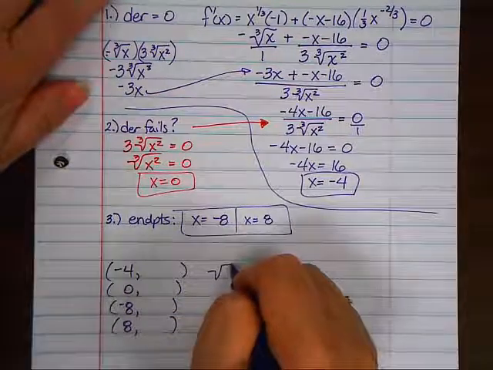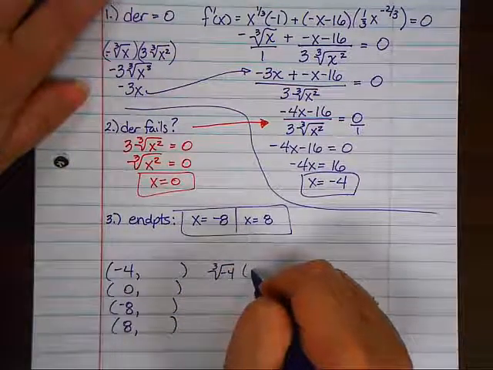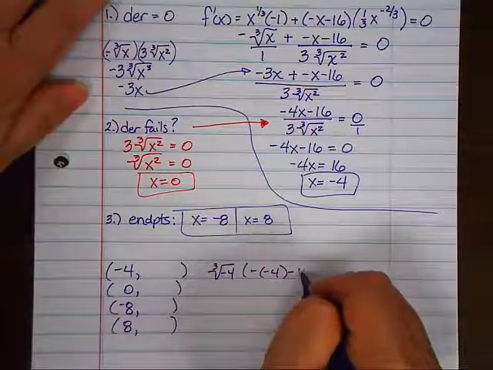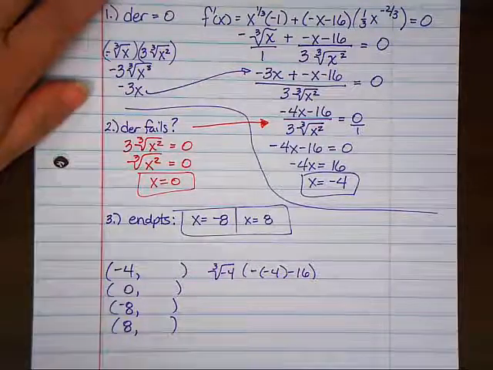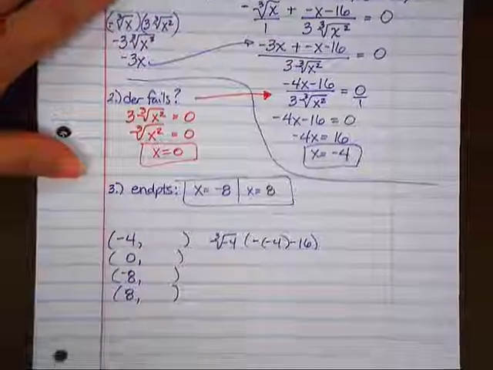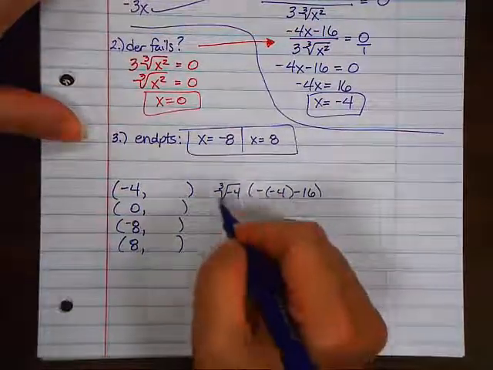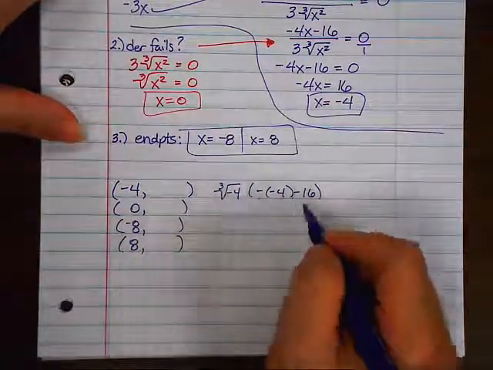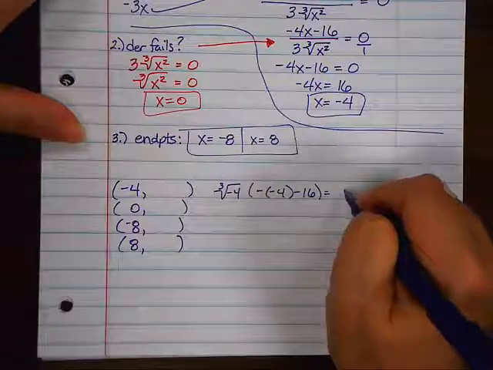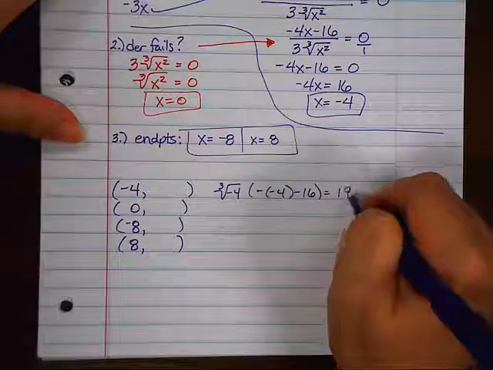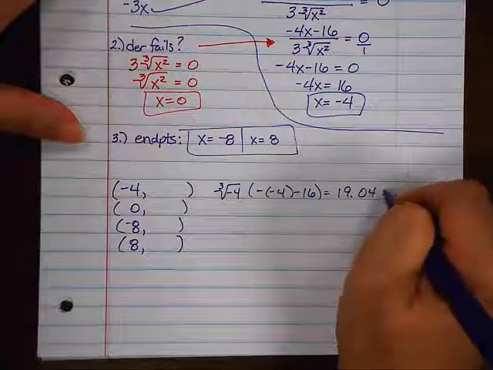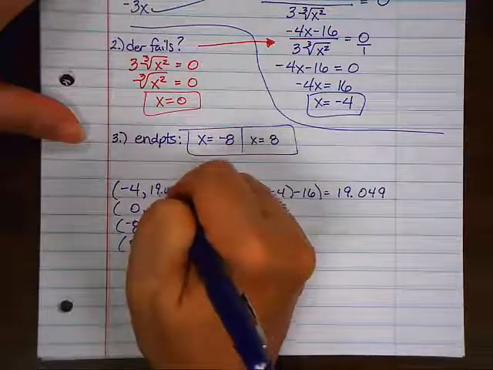So it's going to be the cube root of negative 4 times negative 4 minus 16. The one thing you cannot do in your head is the cube root of negative 4. I will just tell you that the answer to this with a calculator is 19.049. Actually, you couldn't do this on a 4-function calculator.